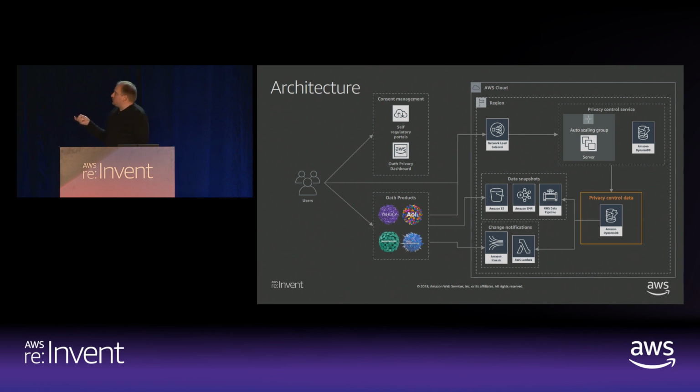The service provides a web user interface for the users, and it also provides a REST API for the connected devices and mobile applications. In addition to that, it provides a REST API for our old products that they can query in real time for the privacy control data. This is protected by mutual TLS.